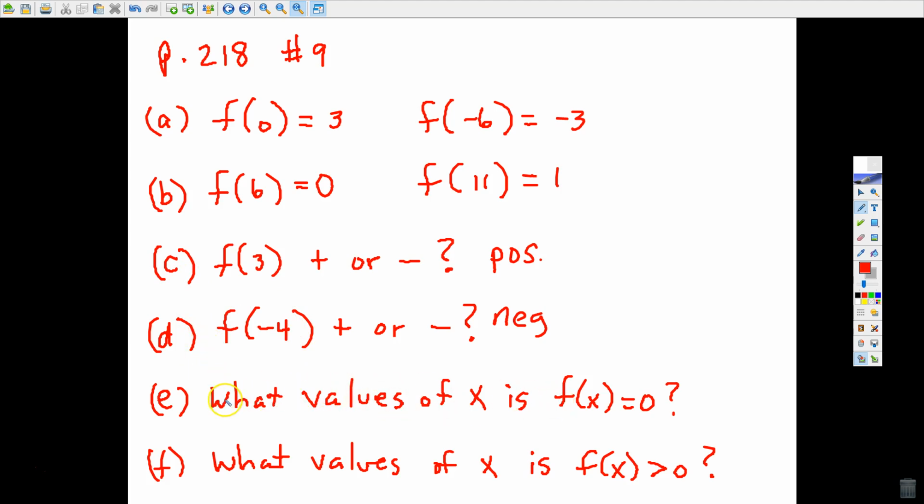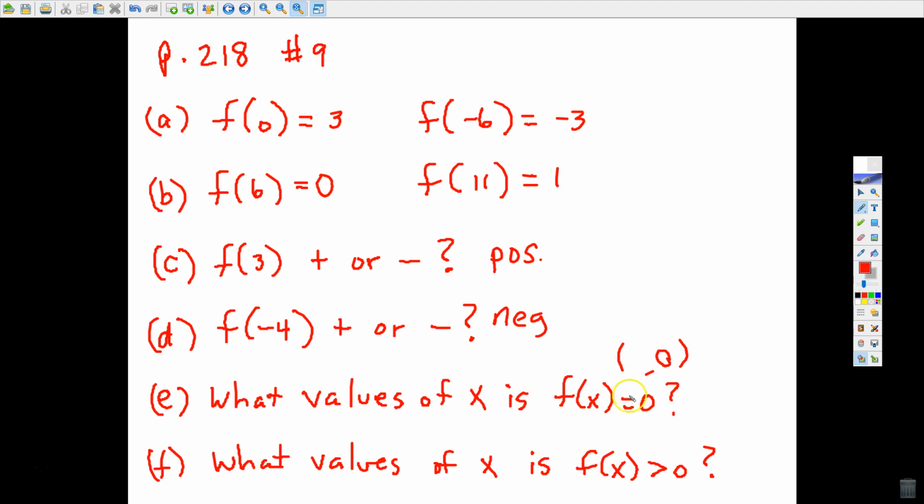Letter E says, for what values of x is f of x 0? So now we're kind of turning it around a little bit. You can think of f of x as y. So in other words, for what ordered pair, what would the x-coordinate be on this particular graph that has a y-coordinate of 0?